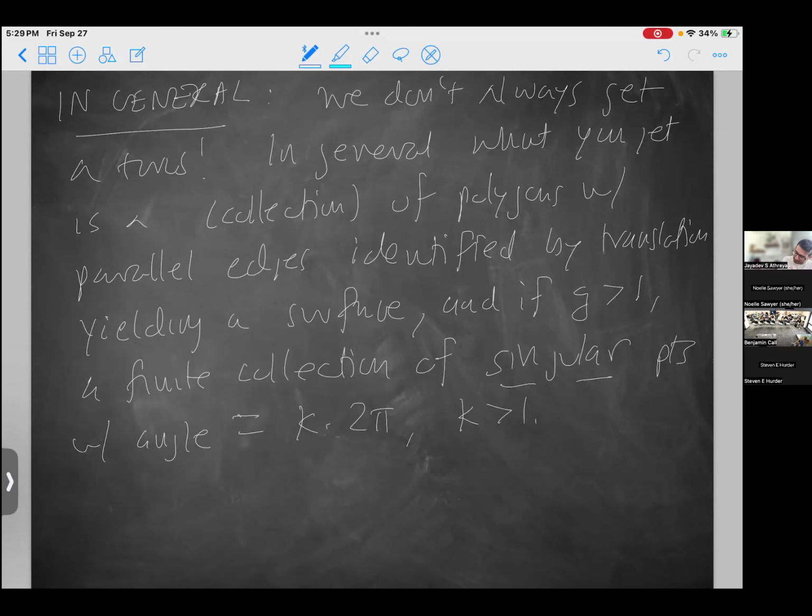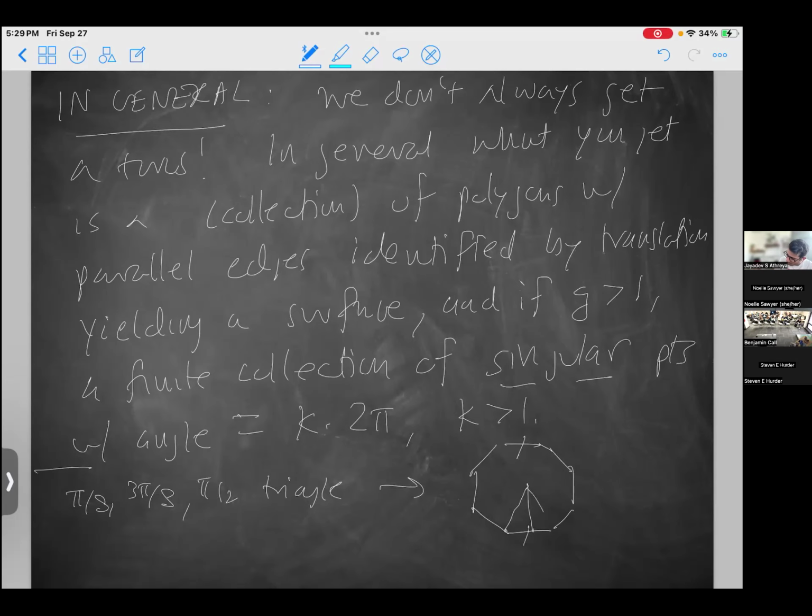In general, for example, if you were to take the pi by 8, 3 pi by 8, right pi over 2 triangle and unfold it, now I'm going to tell a slight lie. Please don't call me on it, for the experts in the room. It's almost true that what you get is an octagon with opposite sides identified.